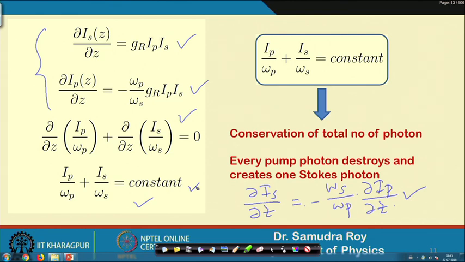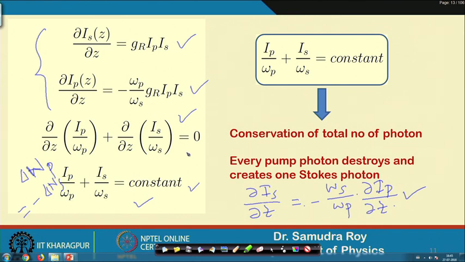That means delta n p is equal to minus delta n s: one pump photon is destroyed to generate one signal photon. That is the simple thing we find from this equation, and it is nothing but the conservation of total photons.